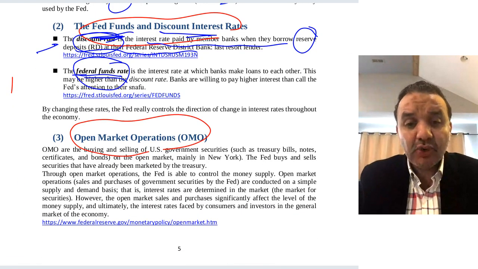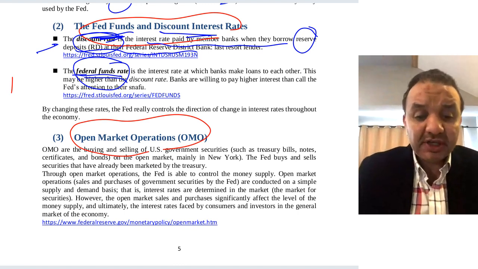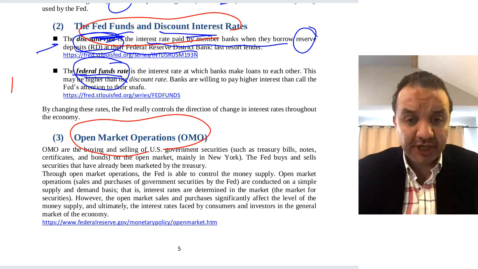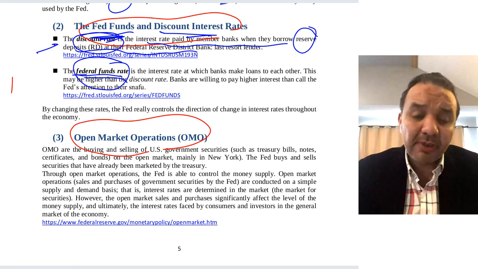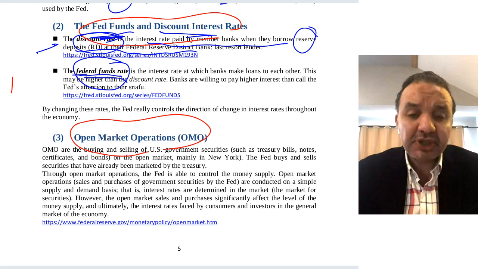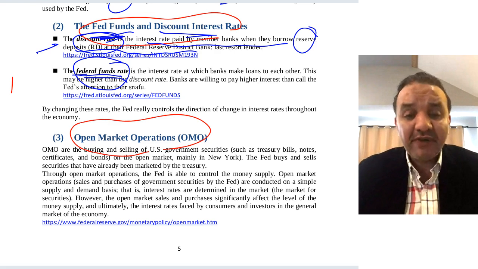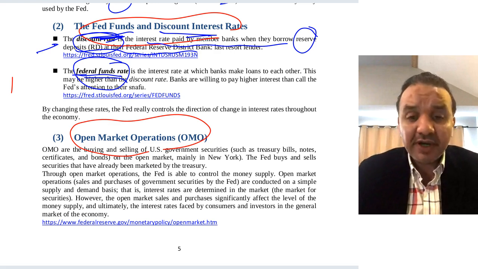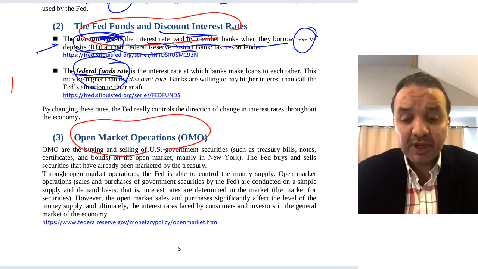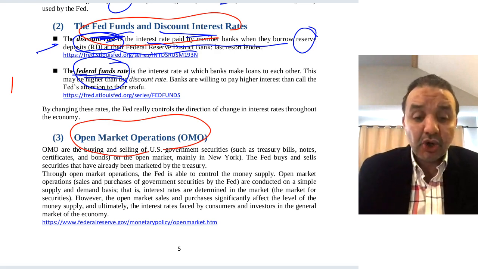The last tool of the monetary policy is the open market operation, and this is a very important tool. What do you mean by open market operations? When I explained the fiscal policy, the federal budget and the national debt, I said that whenever we have a deficit in the budget, it is usually financed by selling treasury bills, notes or bonds.